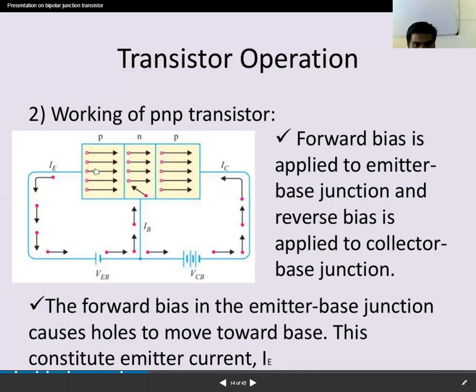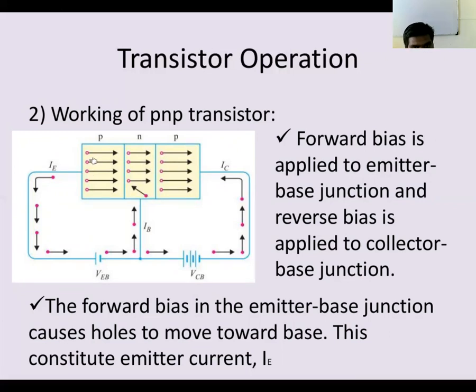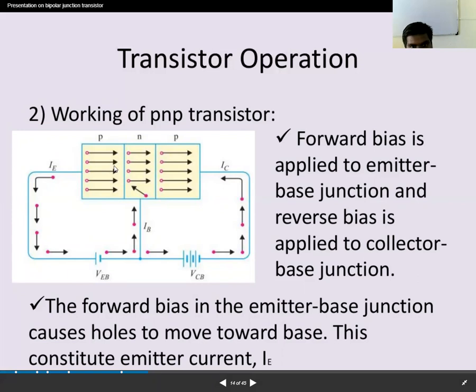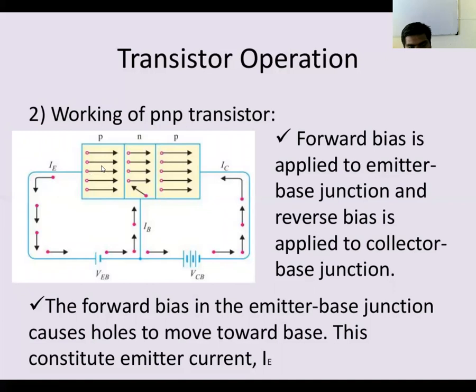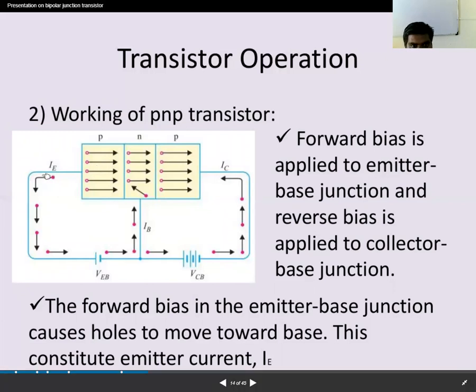So what will happen? Here you can see holes are there and electrons are there. The holes and electrons will try to take this path, because there are a number of holes. So electron-hole recombination occurs here.